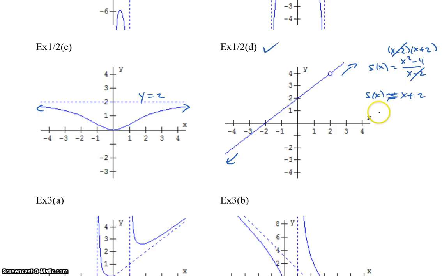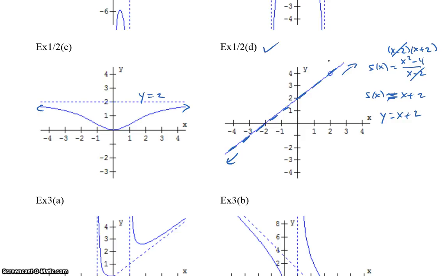Well, the line y equals x plus 2 would be considered to be an asymptote of the graph. So essentially the graph is just following along this, just imagine the asymptote going right along here. It's just following along this slant asymptote and basically completely coincides with it everywhere except at x equals 2.